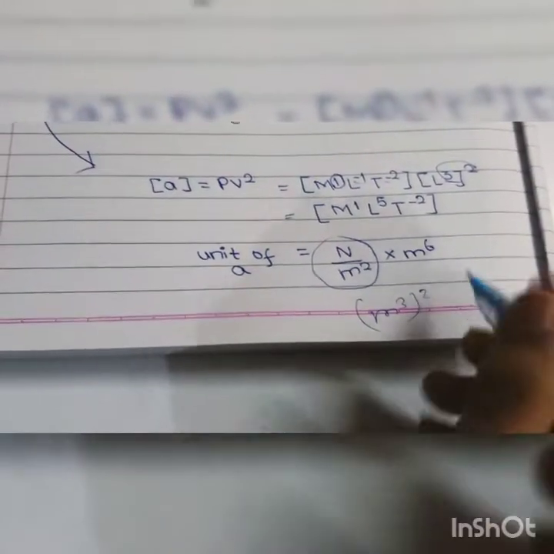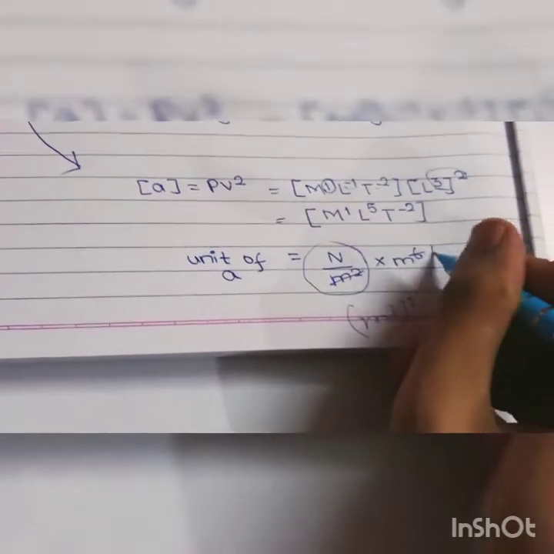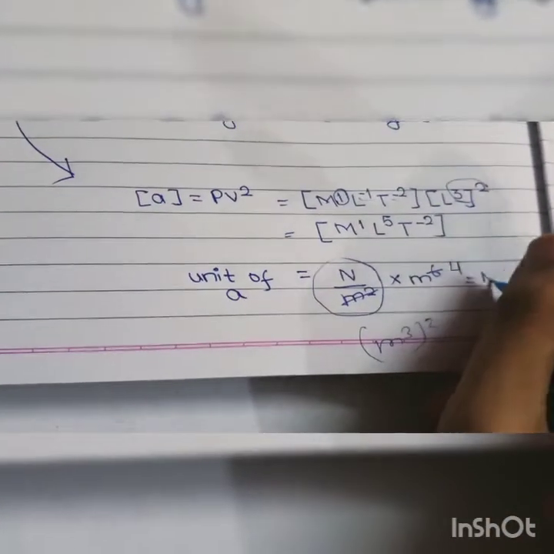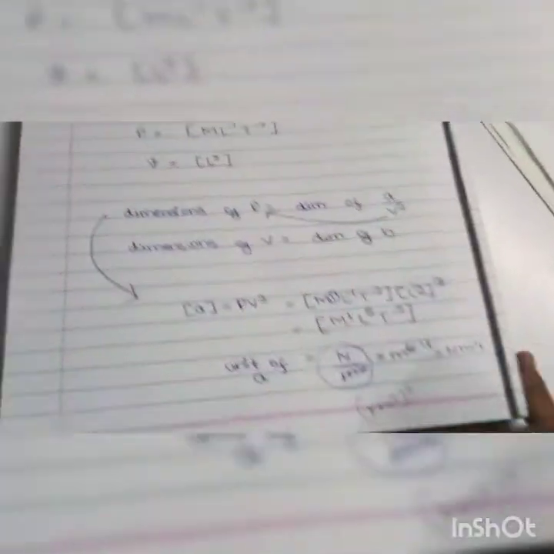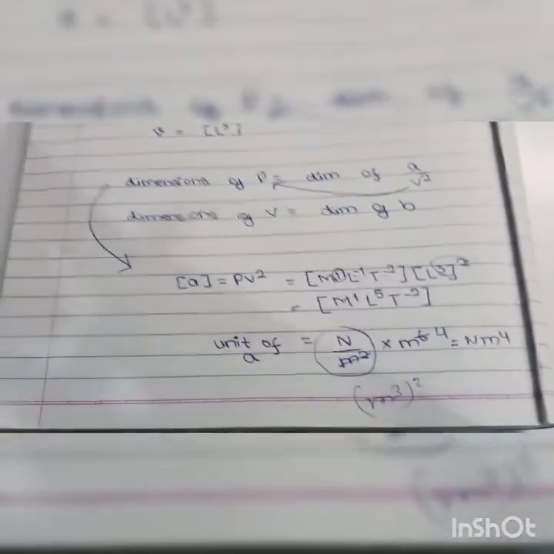So m to the power 6 over m squared gives m to the power 4, meaning Newton meter to the power 4. All right, this is for A.